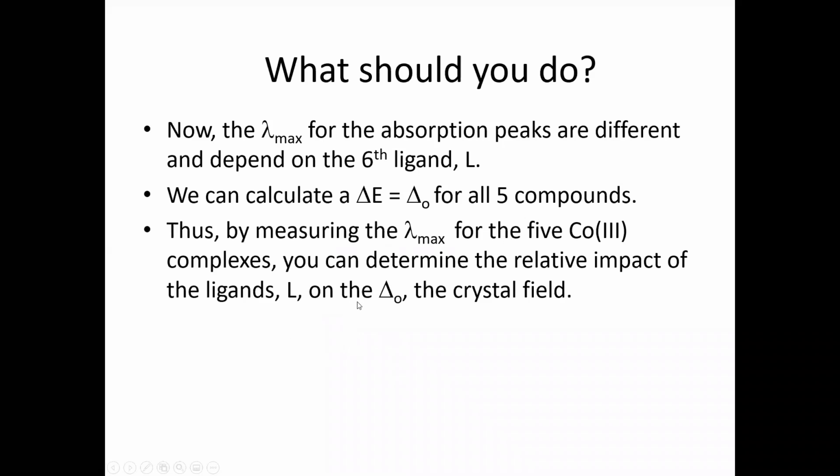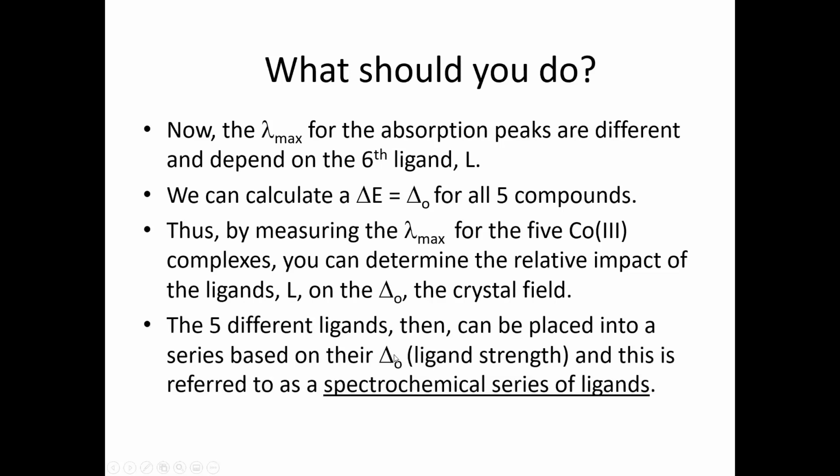We can determine the relative impacts of ligands. So you can see different ligands will result in different delta zero, which is the different crystal field energy, okay? And we need to put all 5 different ligands into a series based on their delta zero, the ligand strength.